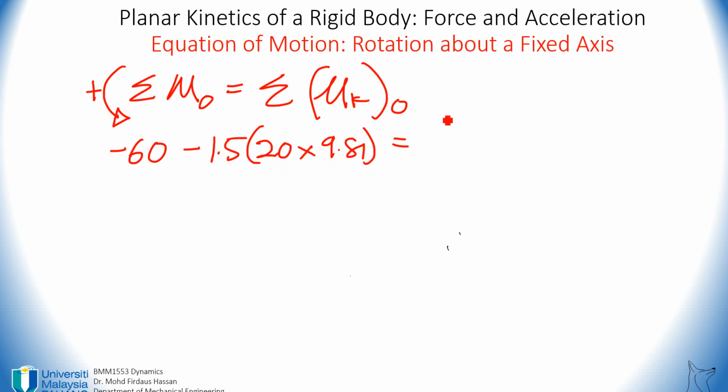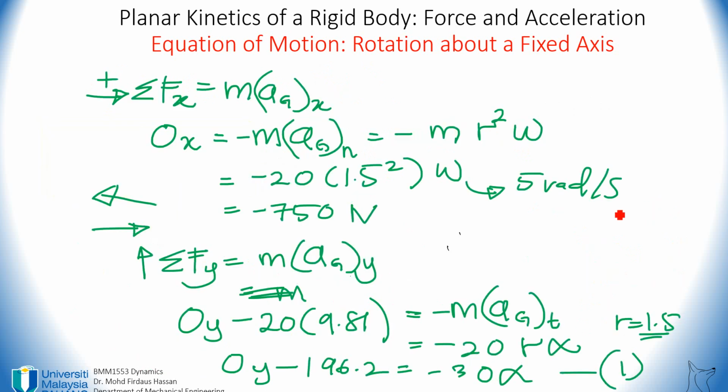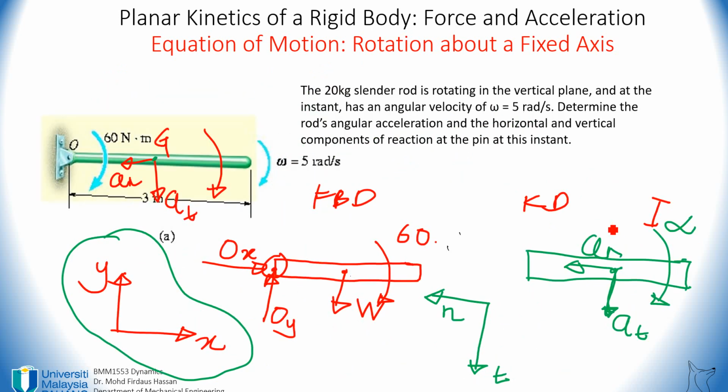And then the summation of moment due to kinetics at point O, you have what? You have Ig alpha. That you cannot run away from, but you must add the moment due to the kinetic, which is about the acceleration. You have to consider these two things.